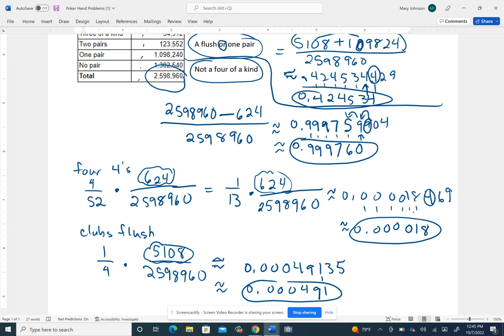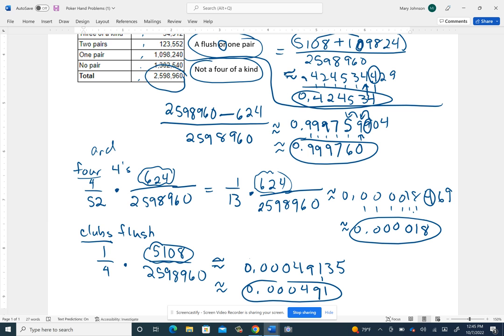Okay, so I wanted to just do that again. I did it kind of fast and it was late and some of you had left. But I wanted to show you this idea of what to do when you're looking for a particular 4 of a kind or a particular flush. It's really an and problem, which we'll talk more about later. It's really an and situation where you multiply some probabilities together.